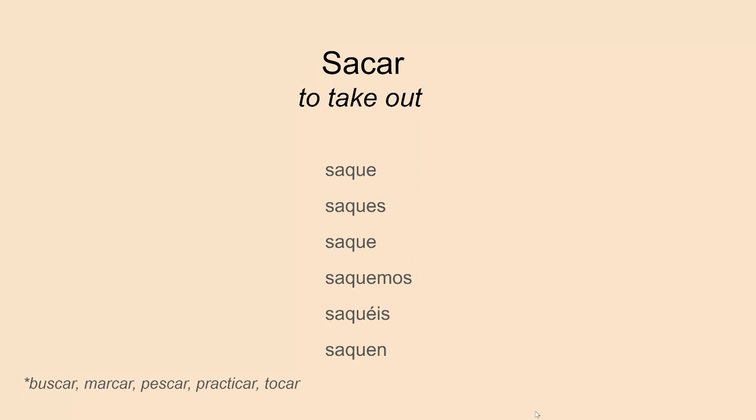Every single time it had the QUE. At the bottom, I put a couple more car verbs that you're responsible for. If you need to write any of these down, feel free. Buscar, to look for. Marcar, to dial. Pescar, to fish. Practicar, to practice. And tocar, to play instruments or to touch.